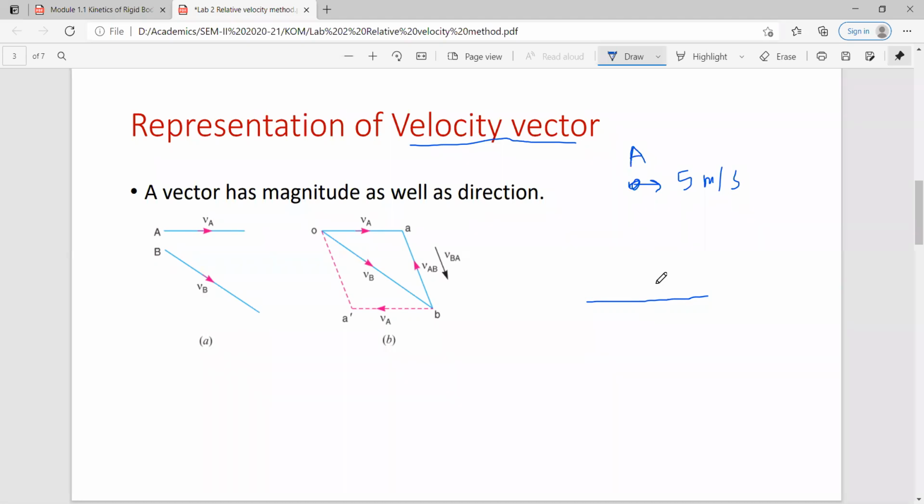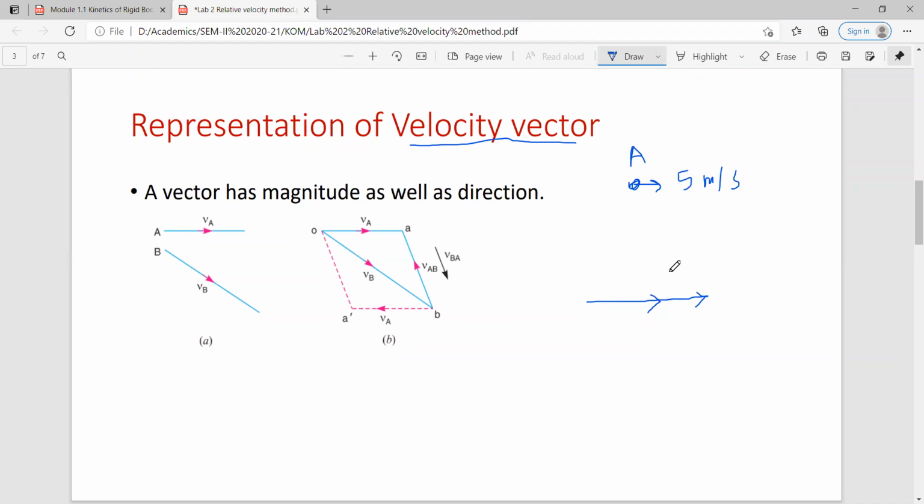Okay, so I will show the arrow like this, the direction in which point A is moving. This arrow you can place anywhere. You can place it in the middle of this line, as well as at the end point like this. No problem.